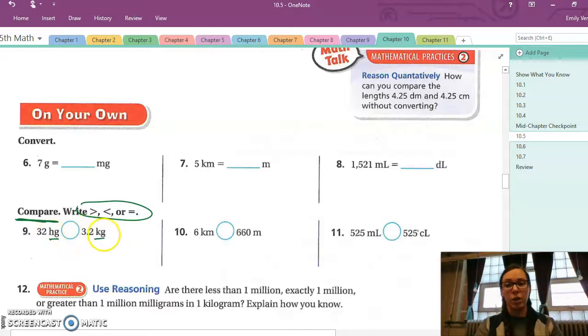Can't compare hectograms and kilograms because they're not the same unit. So to do that, change one to the other, whichever one you go, and then you can do this. So if you do kilograms to hectograms, then you would have however many kilograms equals however many hectograms, and then you can compare hectograms to hectograms. Okay?